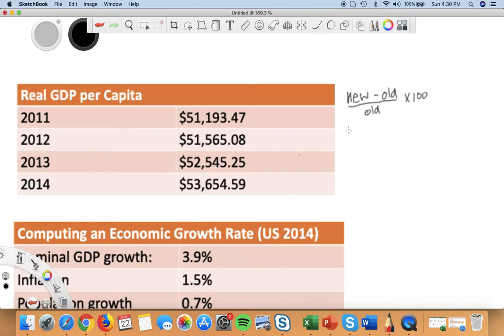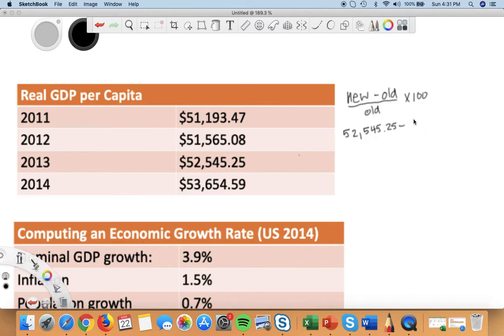So that's going to be $52,545.25. The old value will be the previous year. Because I didn't specifically say over 2 years or anything beyond that, if I just want one specific year, the old value is going to be the previous year. So the old value is going to be real GDP per capita for 2012.